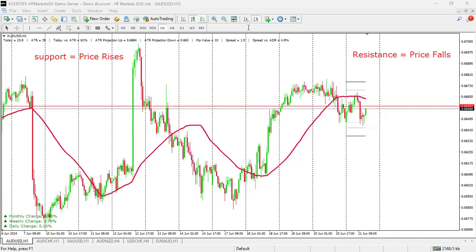Now, in the first place, when prices are trading above a moving average, it is usually indicative of the beginning of an uptrend, which means you can expect that prices could find further supports to rise in the market.